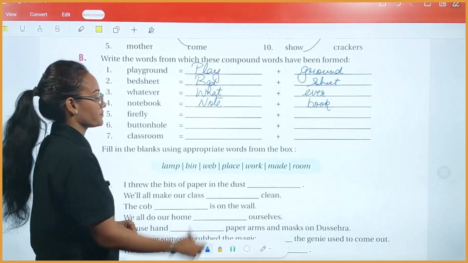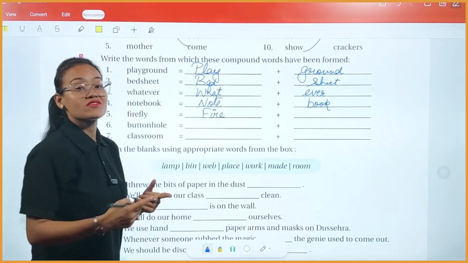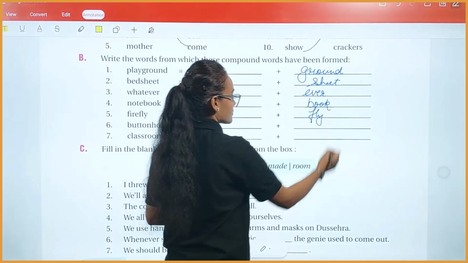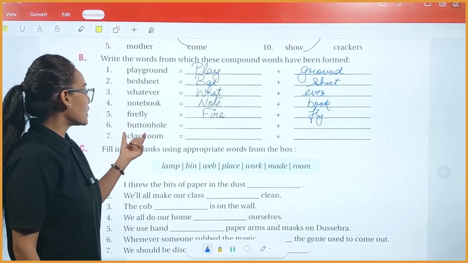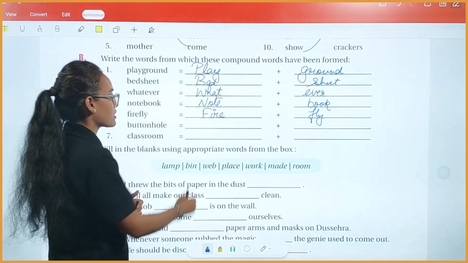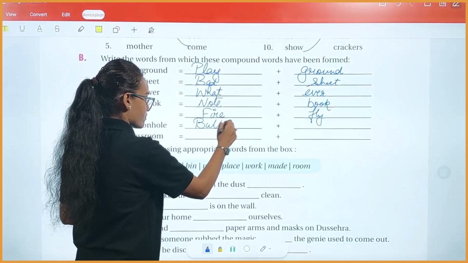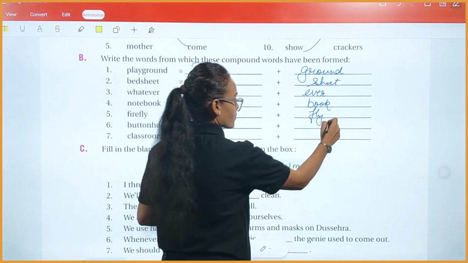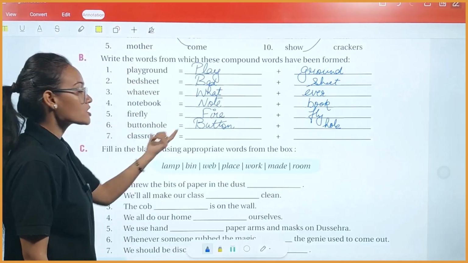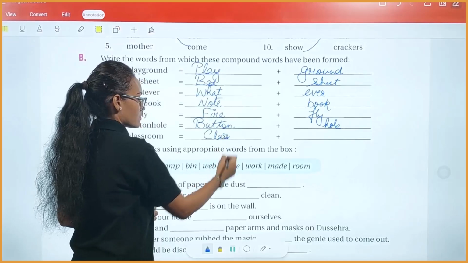Firefly. Fire plus fly. Button hole. So button is a separate word and hole is also a separate word. So right here, button. And the last, classroom. Class.